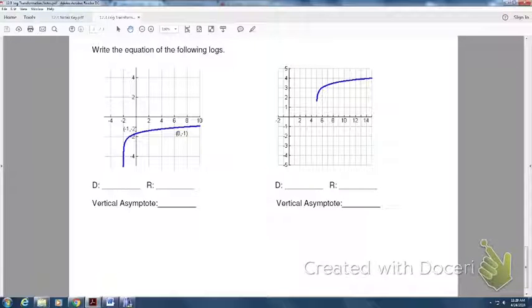So, looking at these graphs, and these are pretty quick. Again, the range is always going to be what? Okay, so go ahead and put those on there. Now, let's make sure that we know, given a graph, how do I identify the vertical asymptote? It's just where the graph starts to flatten out vertically. So, on the first one, Joey, what would the vertical asymptote be? I would say 0.